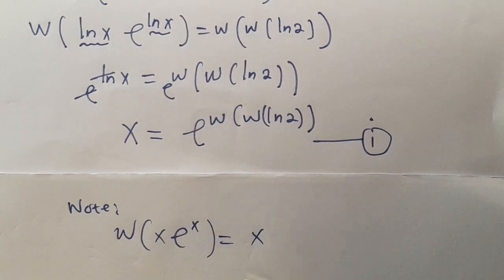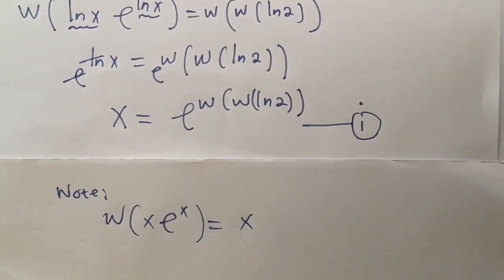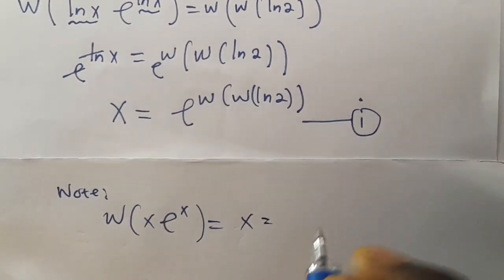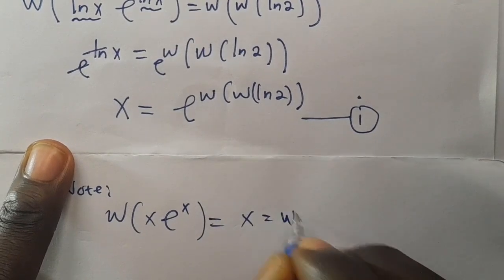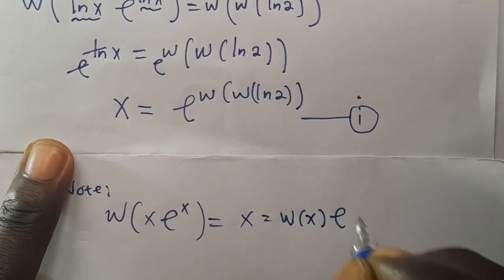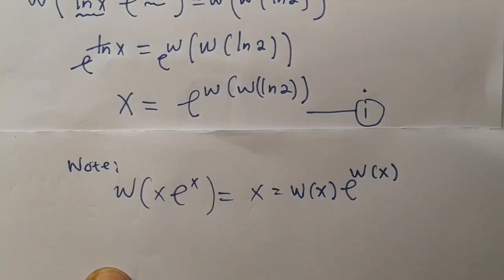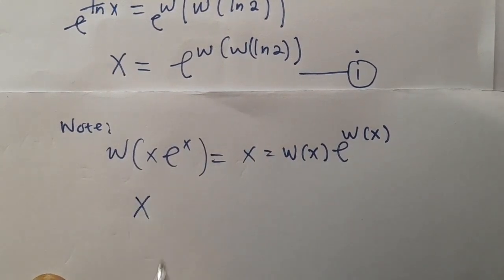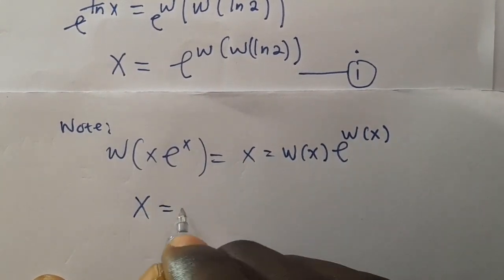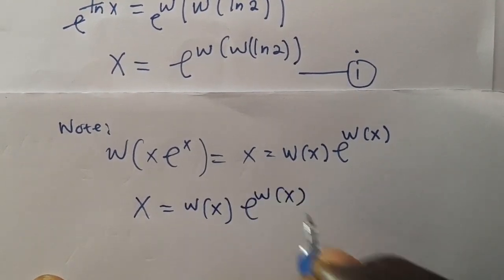And we should note that this is equivalent to when you say you have W of x, then e raised to power W of x. So which means that from here we can have our x to be equals W of x e raised to power W of x.